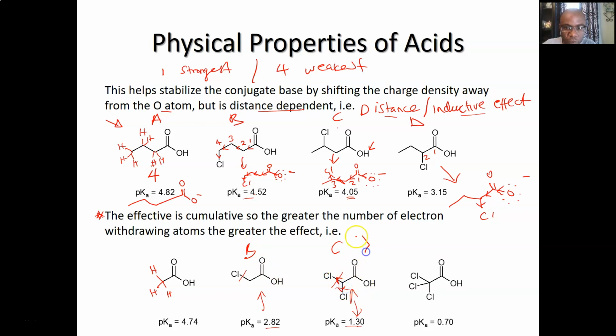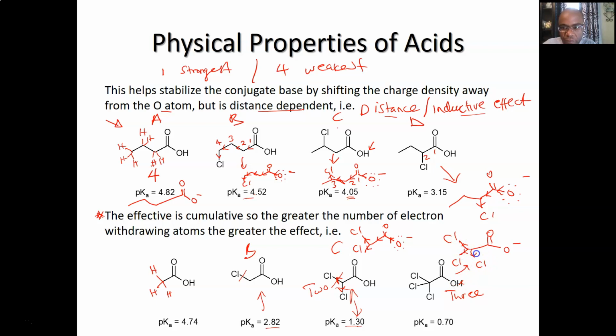Okay, so if you were to draw the conjugate base, then you get O minus, which will lose the electron density more because you have two things pulling the electron density through bond and they're closer to it. So here there are two electron withdrawing groups, here there are three electron withdrawing groups. You'll expect that there's going to be a higher or stronger stabilization effect on the conjugate base once the acidic hydrogen is lost, because you have three things pulling.